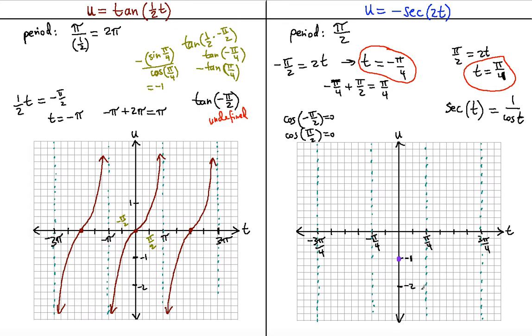Now this thing is going to be negative 1 over cosine, right? So let's understand that. Negative secant of 2t is going to be minus 1 over cosine of 2t. Be sure you understand that. And we know for cosine of 2t, the highest point is still going to be 1, because the coefficient is 1.